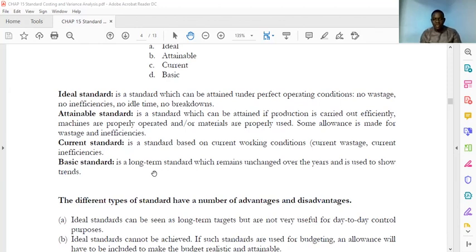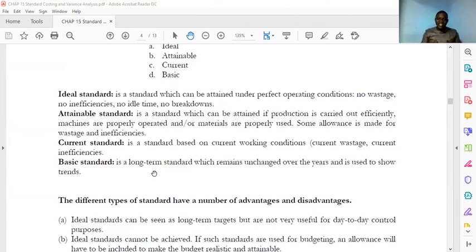It is a standard which can be attained under perfect operating conditions. We say it is ideal because there will not be any wastage, there will not be any inefficiency, there will not be any idle time, and there will not be machine breakdowns. So an ideal standard simply is a standard which can be attained under the perfect operating conditions.